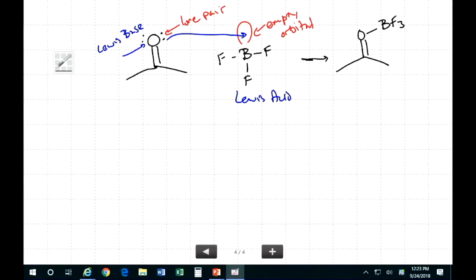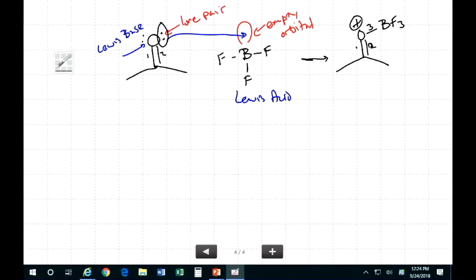Now, remember when we talked about formal charges, right? Our oxygen gave away 2 electrons. It just went from having those 2 electrons to itself to sharing them. So that means that it gets a positive charge. You can also think about it as oxygen with 2 bonds is neutral, and oxygen with 3 bonds has a positive charge.